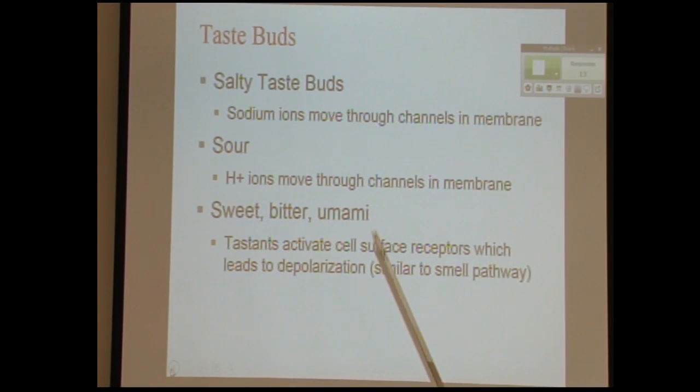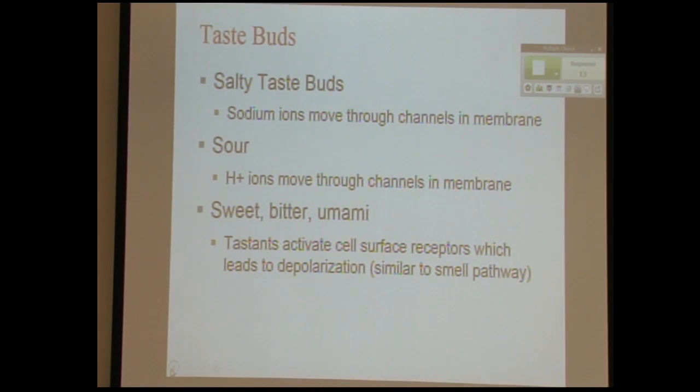So the salty ones, what's salt? Sodium. So those taste buds just have sodium channels in the membrane. So sodium comes into the cell from the salt. There's none of this receptor, adenylate cyclase, none of that. It's just you've got a channel for sodium, it comes in.